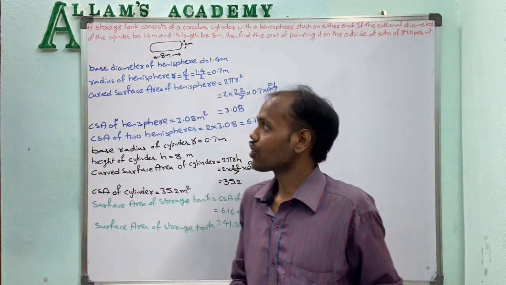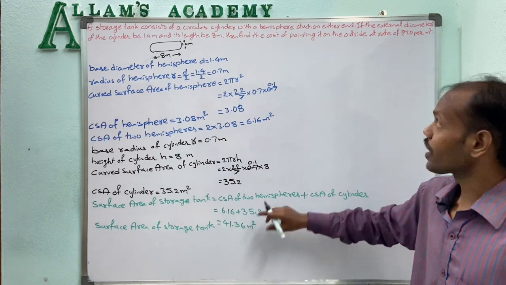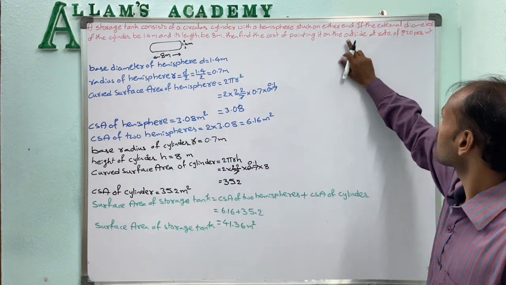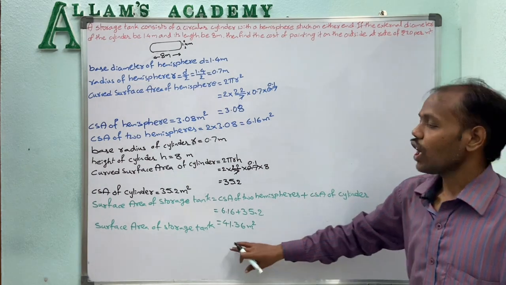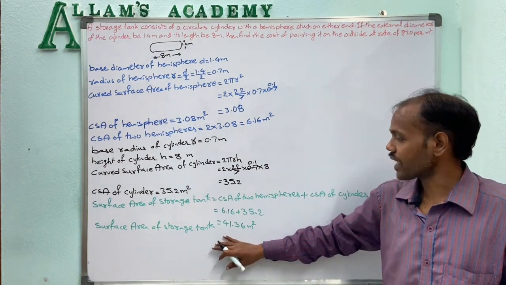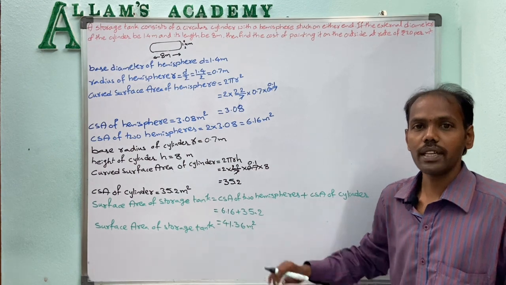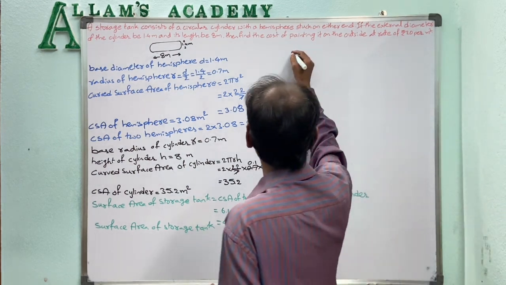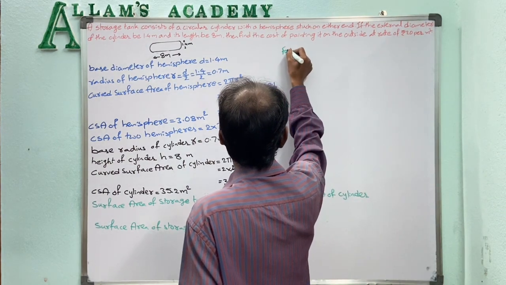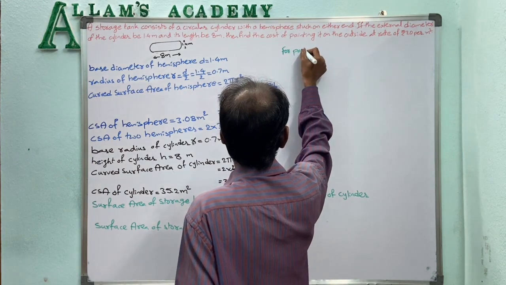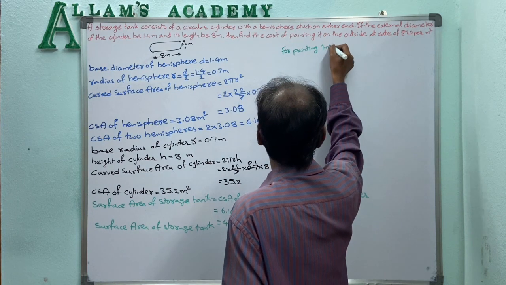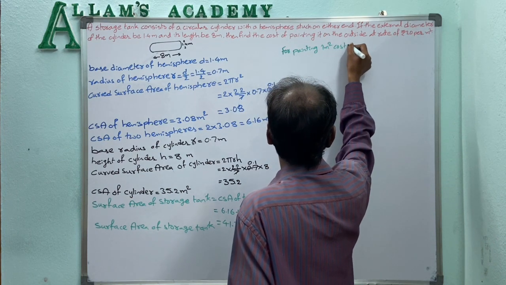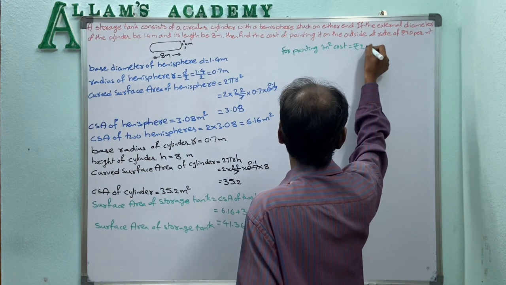Now we are asked the cost of painting this storage tank at the rate of 20 rupees per meter square, so how much cost for 41.36 meter squares. So for painting, 1 meter square costs rupees 20.